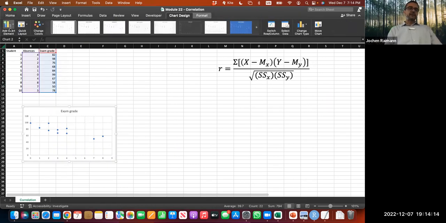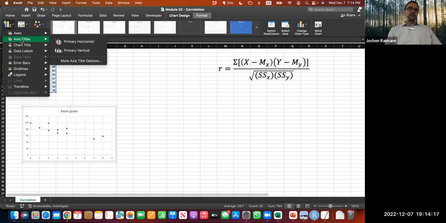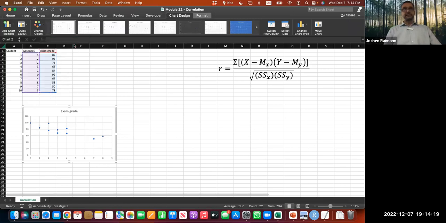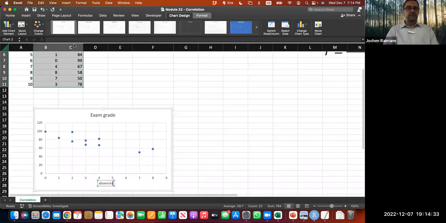For selecting this now, we can add chart elements. We know that we always want axis titles. So we are relabeling this now as absences. Can you read that? Absences, so this is unit count.